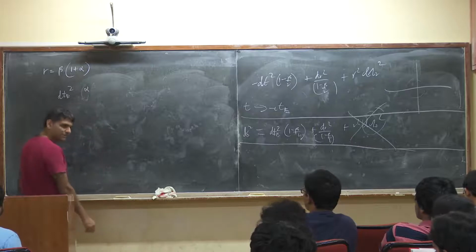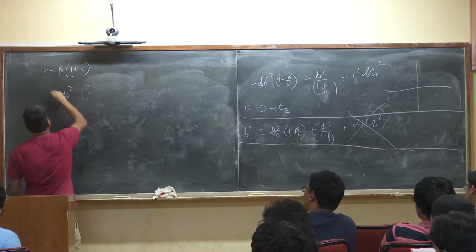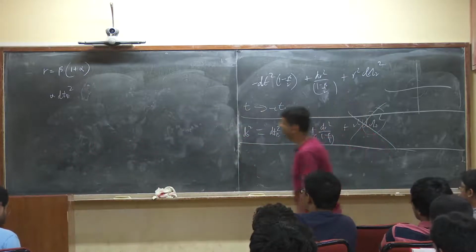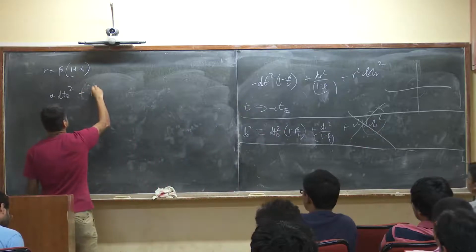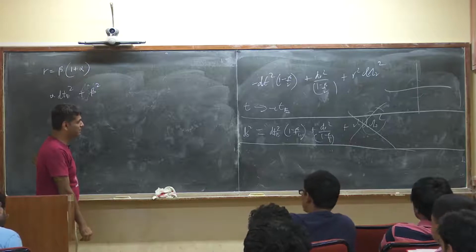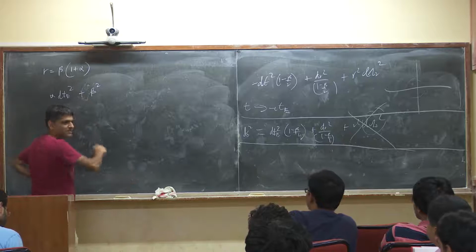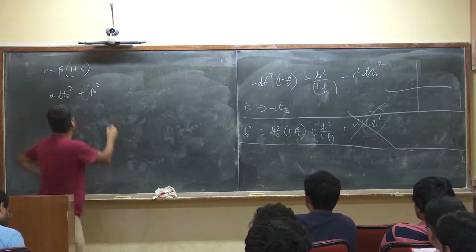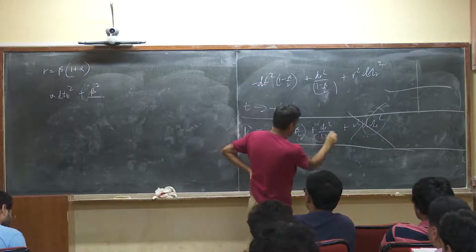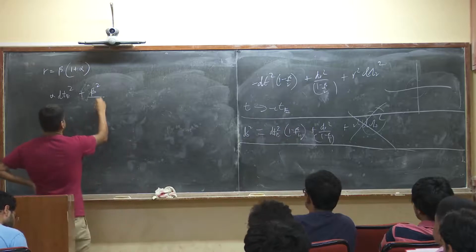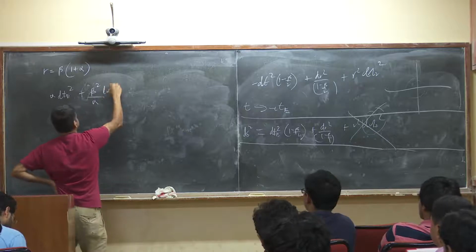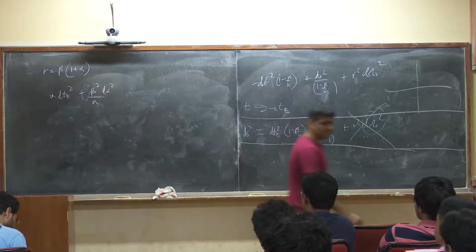Right, the minuses cancel. The betas have also cancelled. Here we get plus beta squared into d alpha squared by alpha. Is this clear?